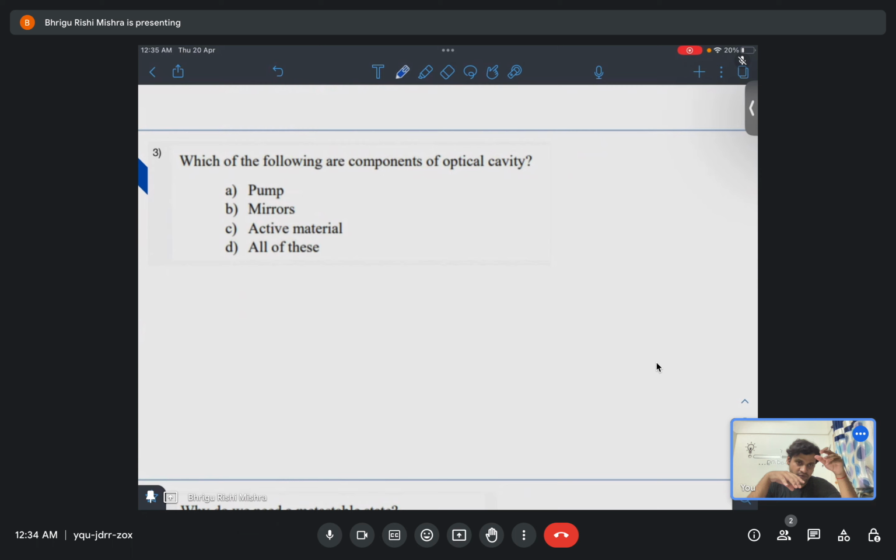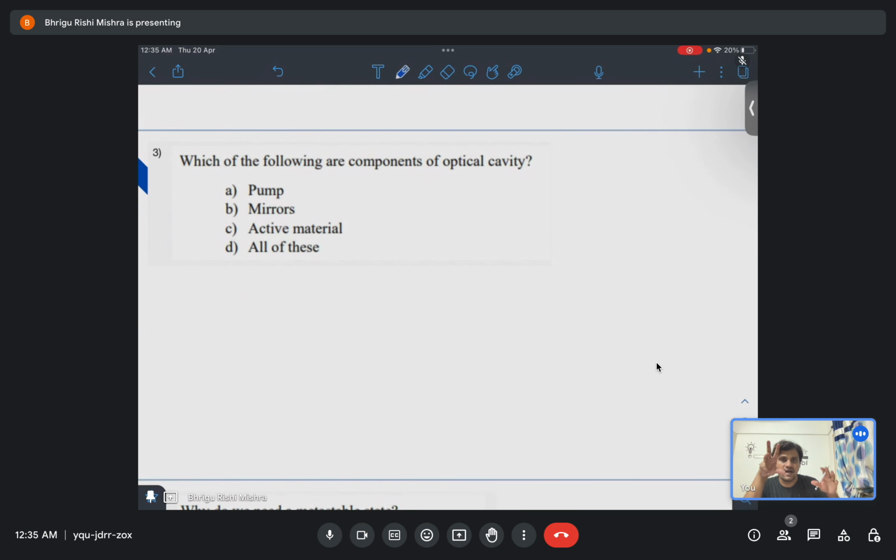You have a pump which sends the incident photon, and then you have an active material where absorption, spontaneous emission and stimulated emission occur, and then we have mirrors at both the sides which restrict the photon movement inside these walls, and that's how we have more photons with the same frequency, same wavelength, and the density of photons is very high.